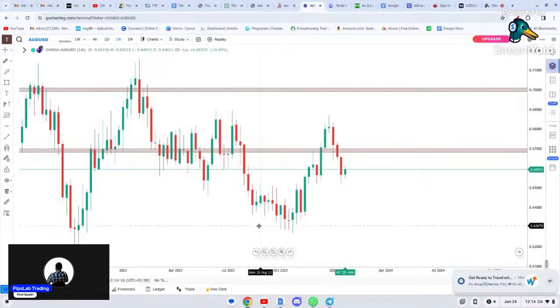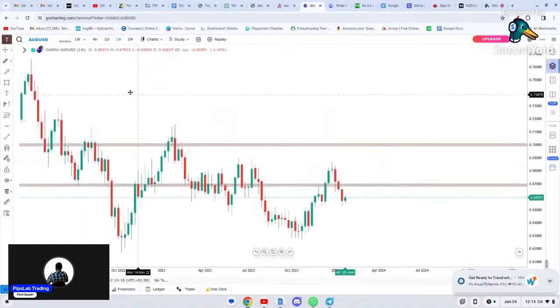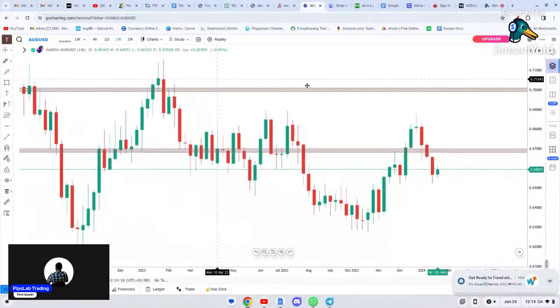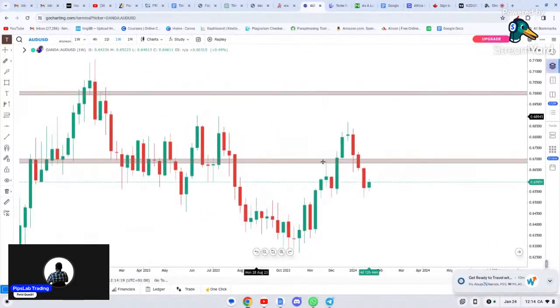Okay, this is not just TradingView. This is another trading software. So we can see that here is looking like a head is forming here. I'm coming, trying to get it too.